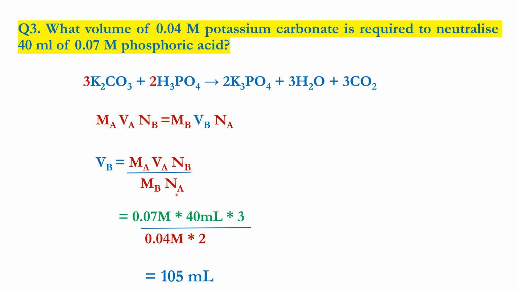And Na is number of moles of acid, which is 2. Phosphoric acid, the number of moles from the balanced equation is 2. So once we substitute all the values, we do the division and we'll get that the volume of the base is 105 ml.